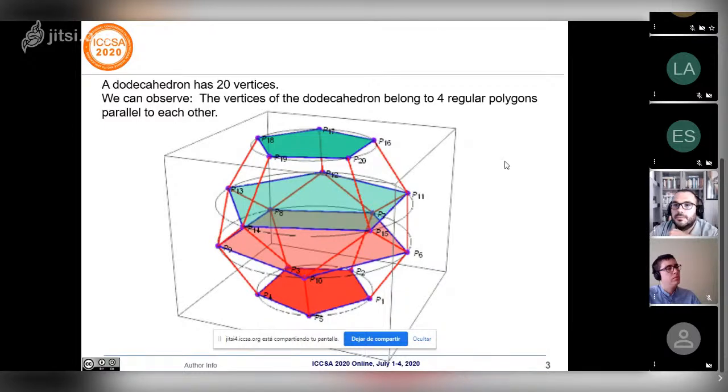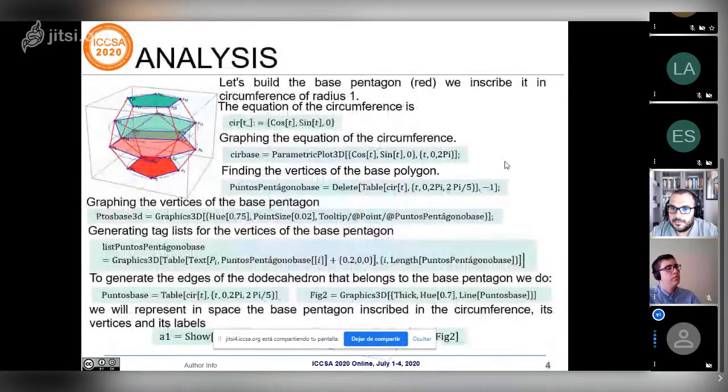It is known that the platonic solid of 12 faces has 20 vertices. To answer this, we started from a circumference of radius 1 that lies on the xy plane and whose center is 0,0,0. Knowing the central angle, we can generate the vertices of the regular pentagon we will call the base.